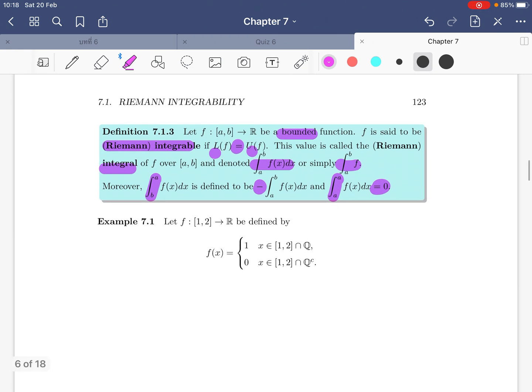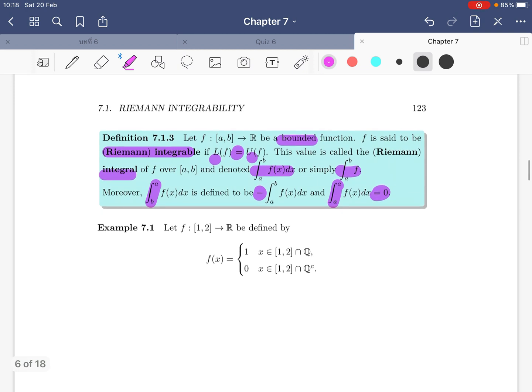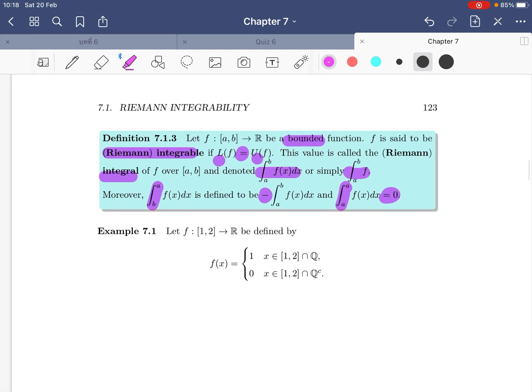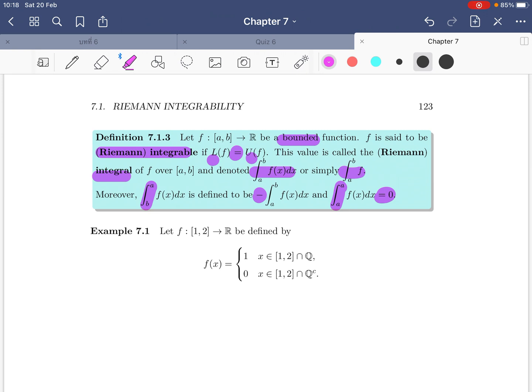So let us try to see whether this function in this example is integrable or not. Can you see that this function is bounded? It is bounded above by 1 and below by 0. So if we want to see whether it is integrable or not, let us give a partition.